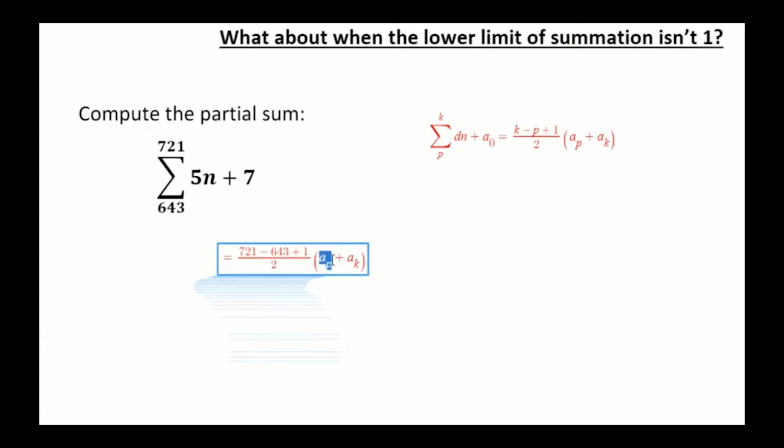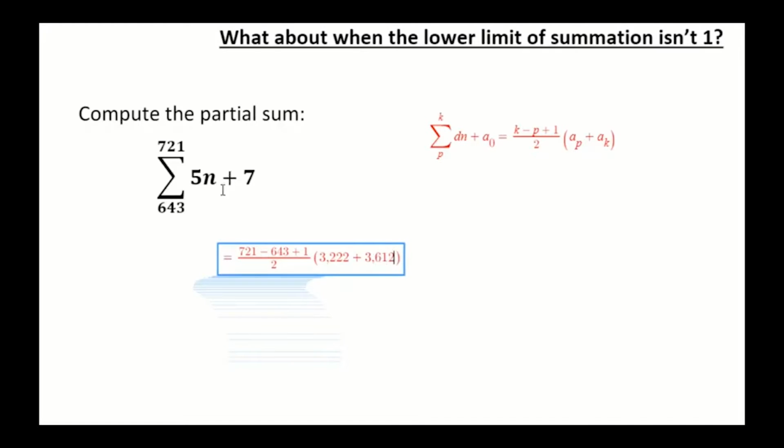The value of the first term would be what I get when I substitute 643 into this sequence. So 5 times 643 plus 7 would be 3,222.